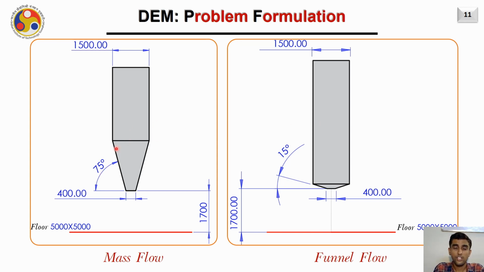These two silos are geometrically identical except for the cone angle. The cone angle in this silo is 75 degrees, and in this case the cone angle is 15 degrees. We wish to find out what difference it will make in the granular flow, in the discharge of the bulk material. Now let's quickly jump over to the EDEM environment and see how we can model this problem.